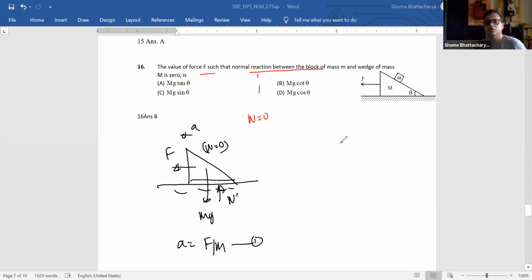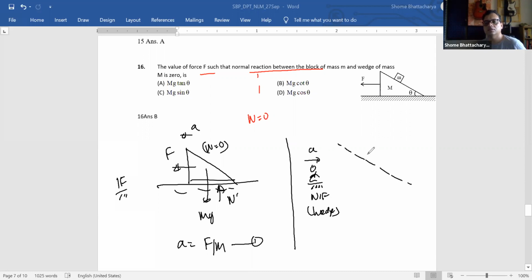Now the second one. This was an inertial frame, of course. Now you make it in the non-inertial frame of the wedge. Your non-inertial frame is moving with an acceleration E in the opposite direction, negative X direction.